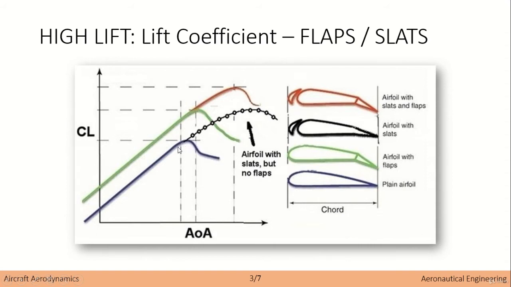So instead of just decreasing, we will be able to maintain the linear increase at higher angles of attack. The idea for slats is that you can continue at higher angles of attack and still provide lift without stalling, without the decrease of the coefficient of lift which happens at high angles of attack.